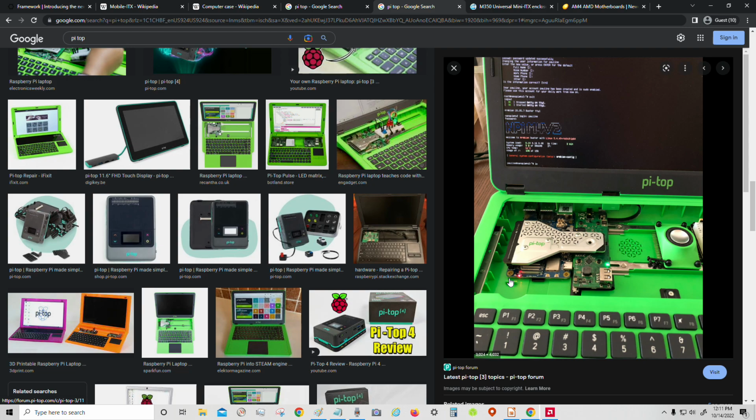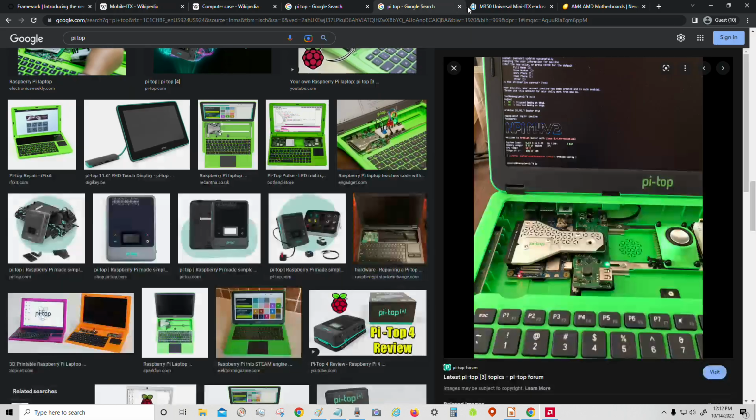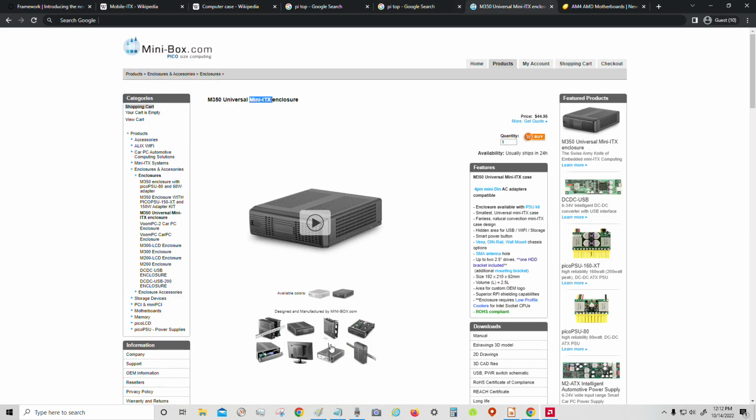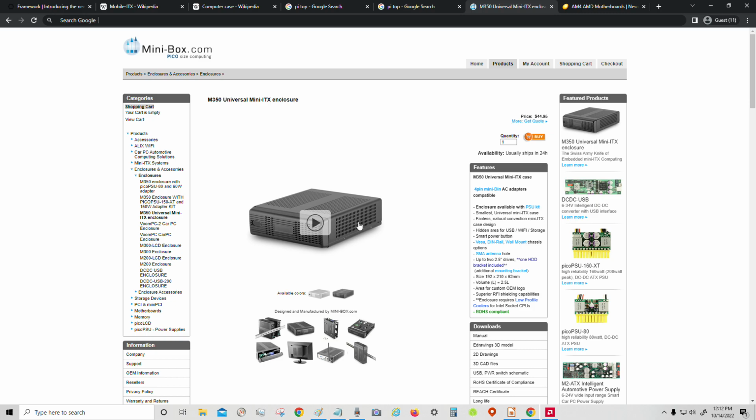And you may think, well, that's pointless, so insignificant, right? But I would argue, on the contrary, that allows you to reuse something like an ITX case. So you spend $44 on this little portable ITX case.